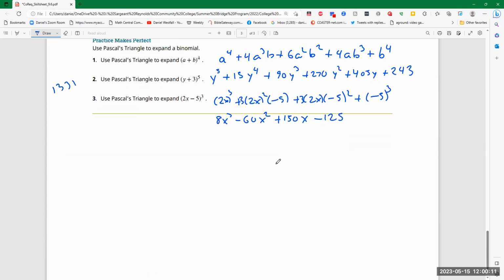So now let's talk about another application of this, which I talked about a little bit last time. But let's say that I wanted 5 choose 3.